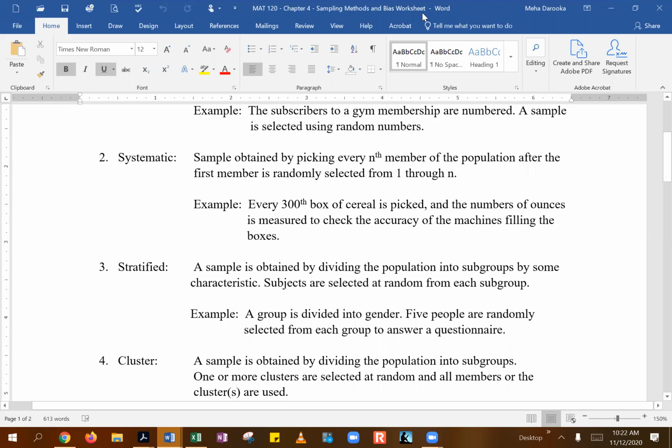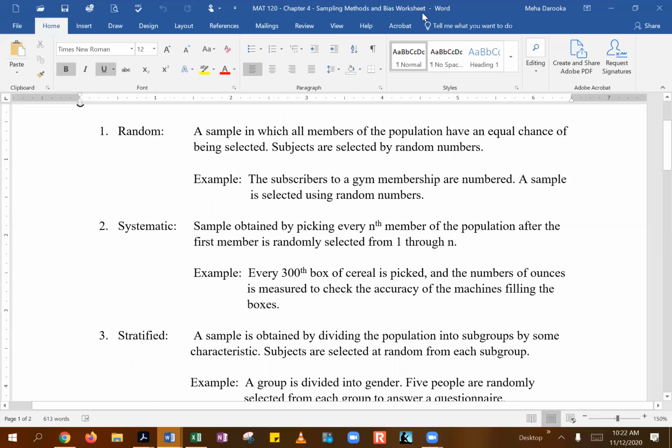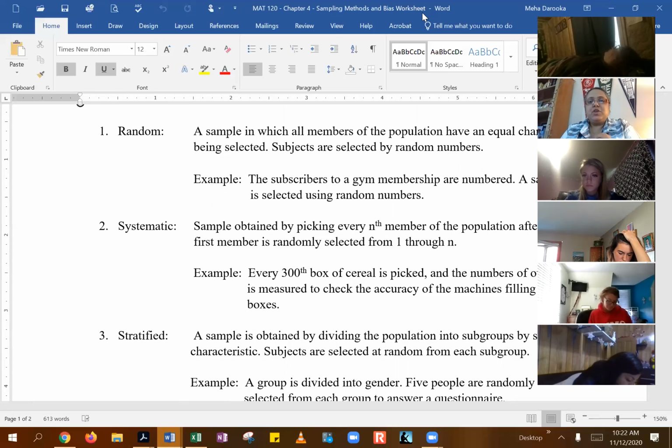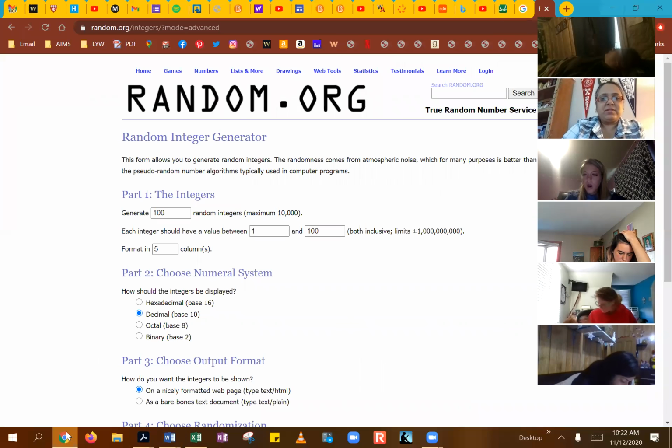Systematic, as the name suggests, means the sample is obtained by picking every nth member of the population after the first member is randomly selected from 1 through n. So again, if we think about our group of 100 people, and let's say we arrange them from numbers 1 to 100, you can do a random number generator for that also.